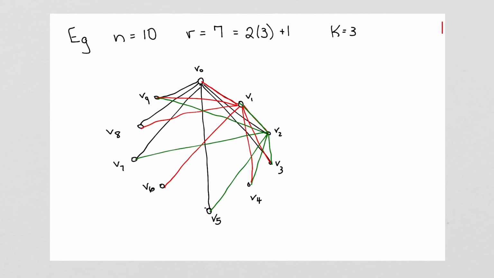V3, I've already got the three edges in the counterclockwise, so I just need to work on the clockwise. So we will do those in blue. 1, 2, 3 in the clockwise, and then if I go directly across, I would be getting V3 to V8.